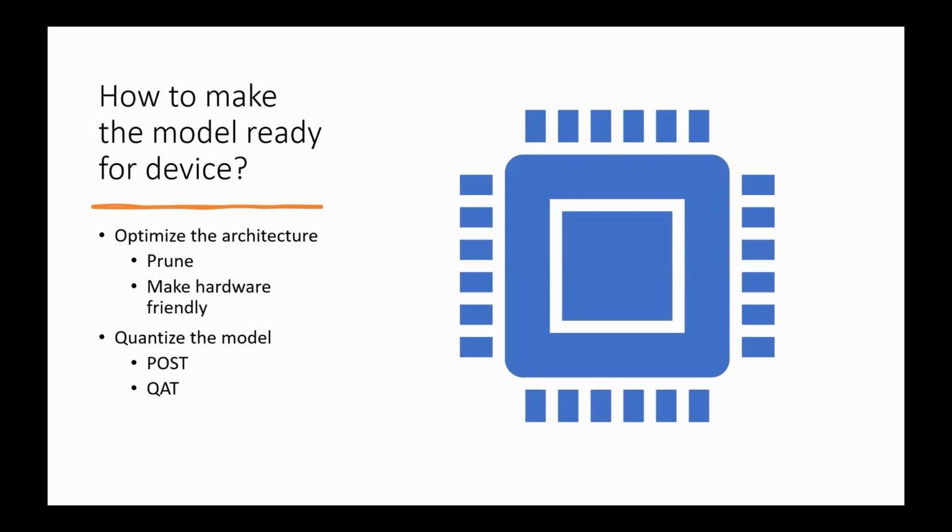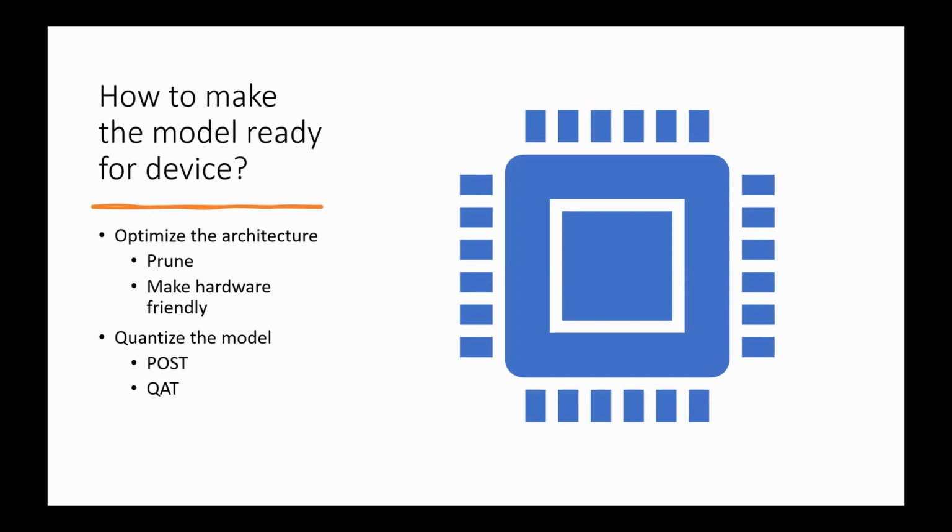And then eventually, what would really help is having my models quantized. I could do either post-training quantization or quantization-aware training on the models that I would like to deploy on the device.